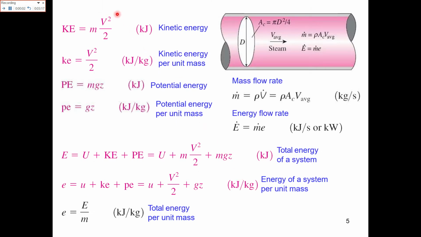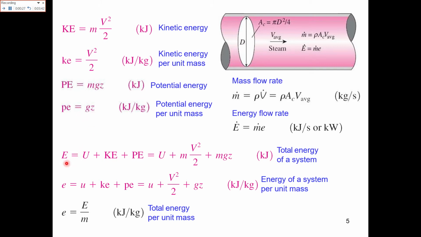These are basically the equations of the energy. For kinetic energy, we have the equation mv squared over 2. For kinetic energy per unit mass, it is divided by the mass and it becomes v squared over 2. Then we have potential energy mgz, where z is basically the height, and per unit mass it will become gz.